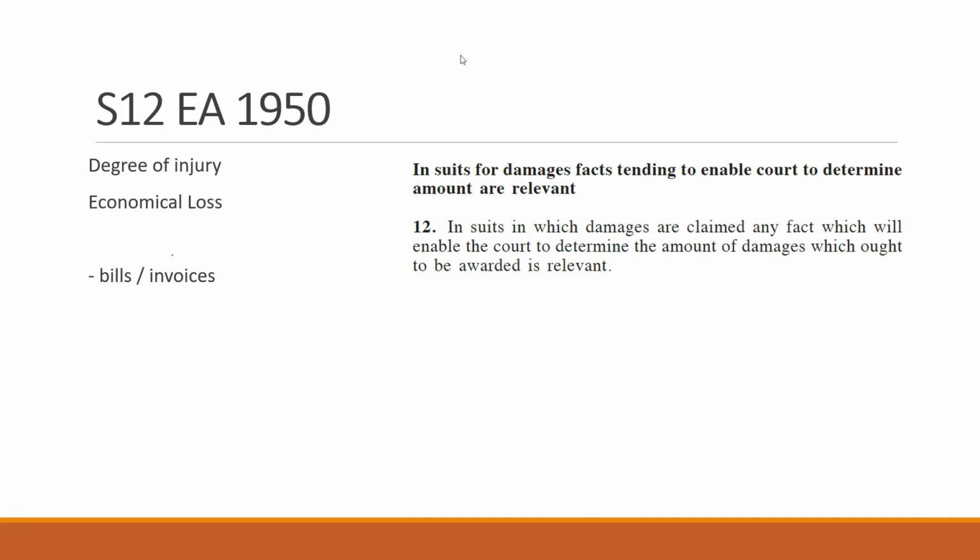Okay, like for example, if you have a negligence claim, what are the damages that suffered by the plaintiff? Any bills, loss of earning, any income that you can bring as a piece of evidence. This all will come under Section 12.